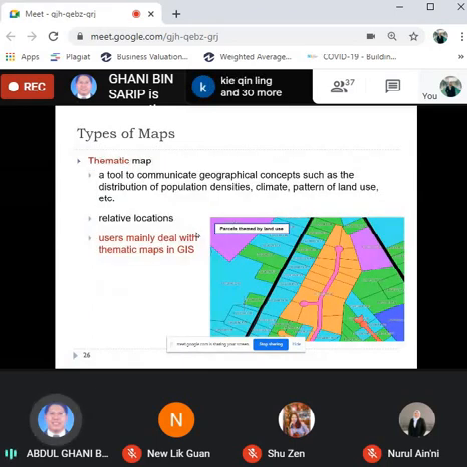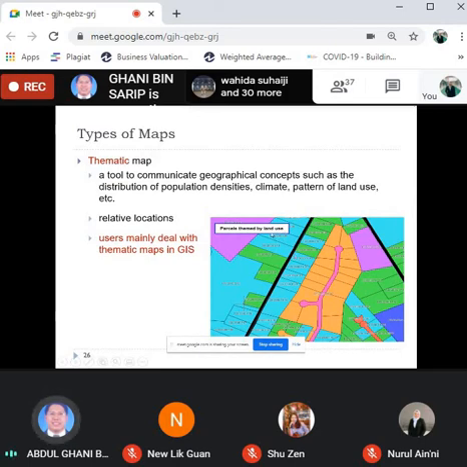A common map in GIS is a thematic map. Thematic equals theme, right? So we can name each individual map as a theme or thematic map. Let's say, for example, in this case the theme is land use.